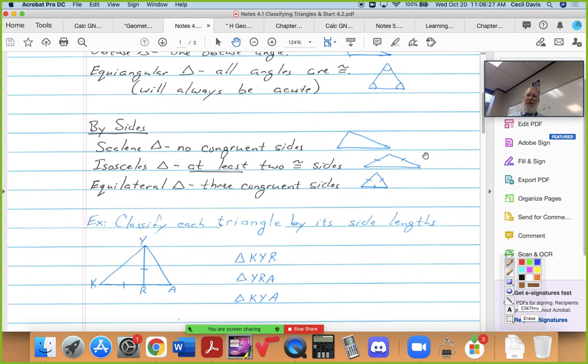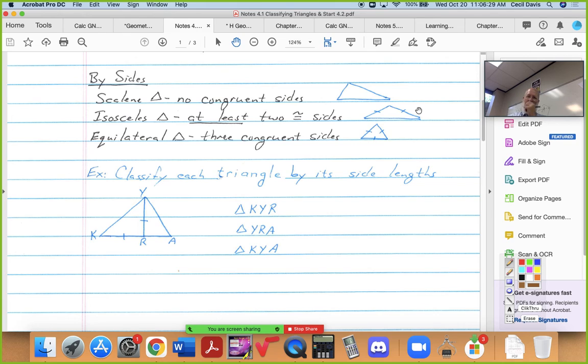We can also classify triangles by sides. A scalene triangle, none of the sides are congruent to each other. Isosceles, and this definition may be a little bit different than the definition you were taught. The correct definition is an isosceles triangle has at least two congruent sides.